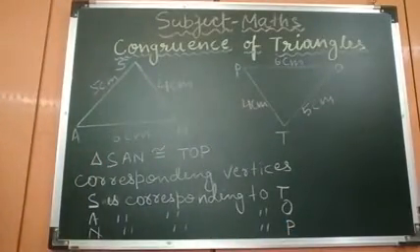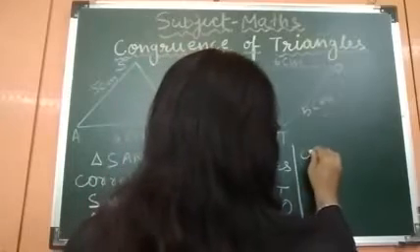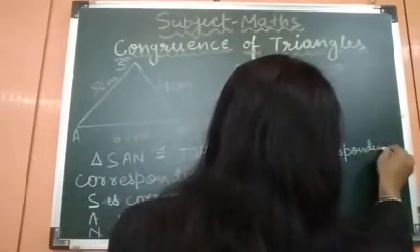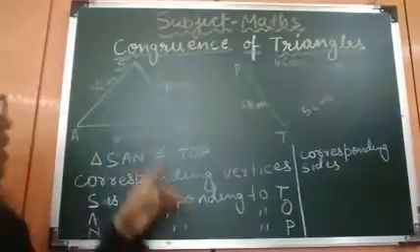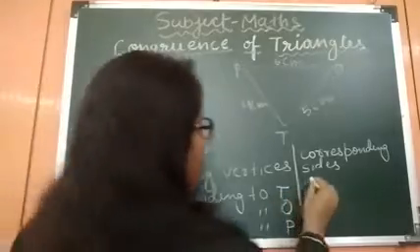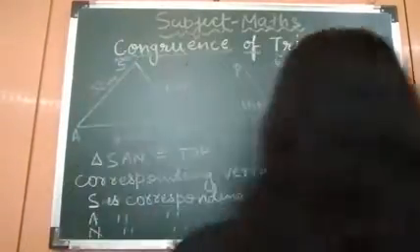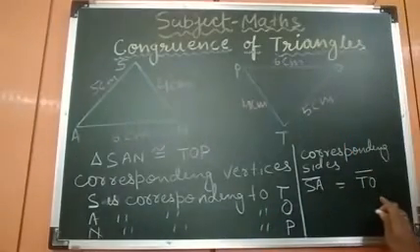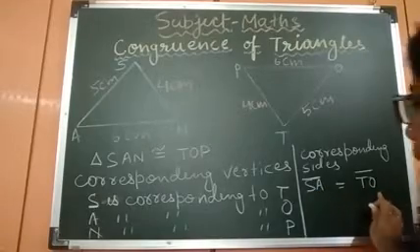Now corresponding sides. When we talk about corresponding sides, we see that side SA falls on side TO. So these two are corresponding sides.